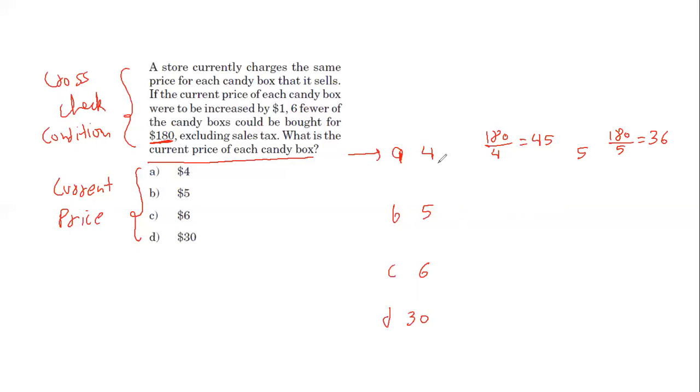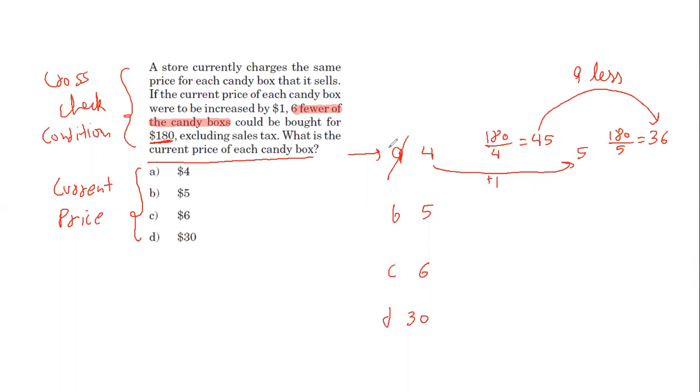So do you realize if the price is increased by $1, I will be able to buy 9 fewer candies. Previously, I was able to buy 45, but now I'm only able to buy 36. So I'm able to buy 9 fewer candies, but the question says that 6 fewer candies have to be bought. So A cannot be my answer.